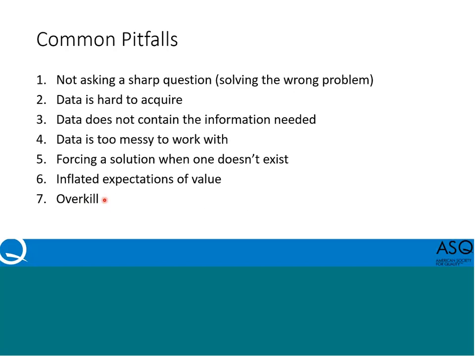On the machine learning side, I'm a machine learning practitioner as well as a statistician. Overkill I see a lot, where people are trying these very complicated models, tweaking all these bells and whistles when a simpler model would often be fine. So overkill is a common pitfall that I've seen in my experience.